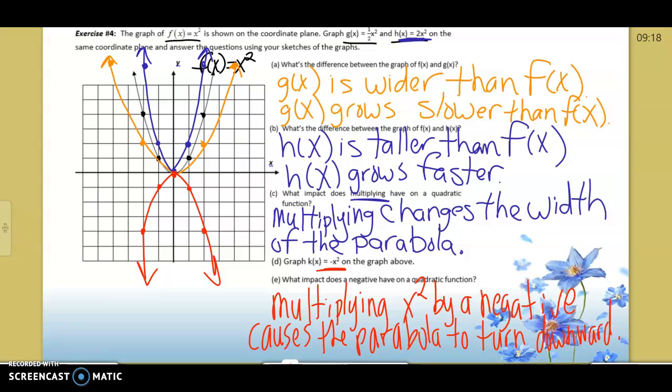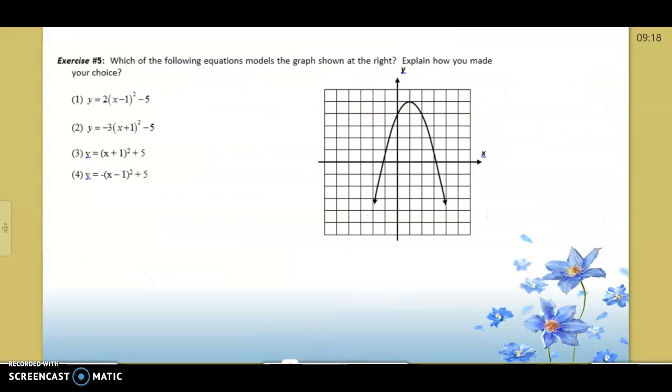All right, so let's put it all together here with one more multiple choice, and let's see if we can come up with the whole equation for this. All right. So we need to identify the turning point. And so that is 1 to the right of 0 and up 1, 2, 3, 4, 5. So it's at +1 and 5.